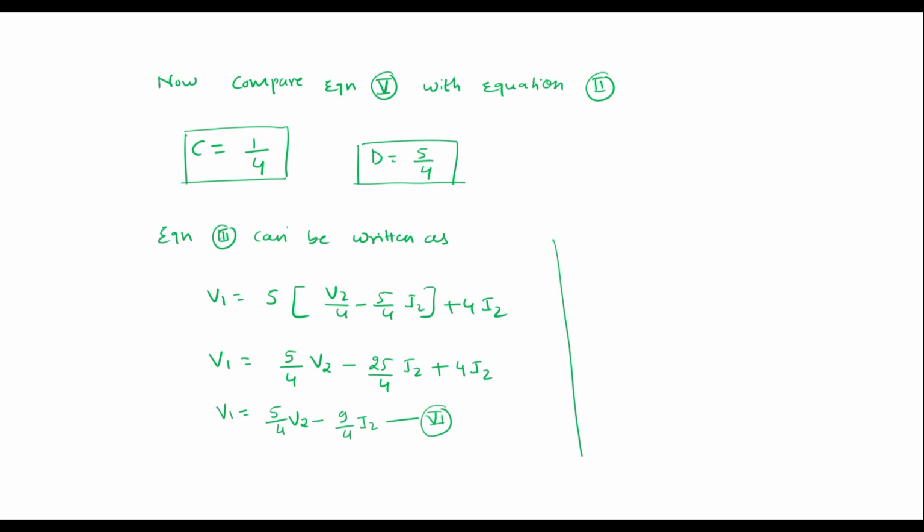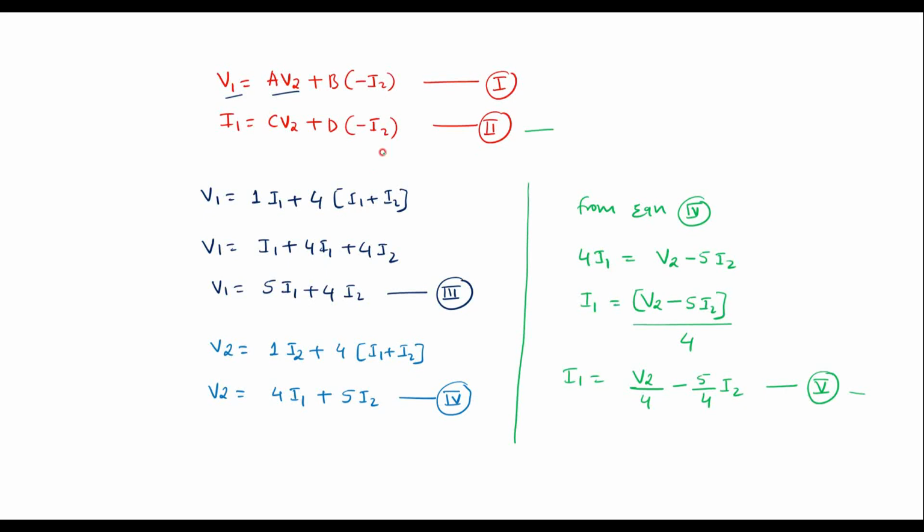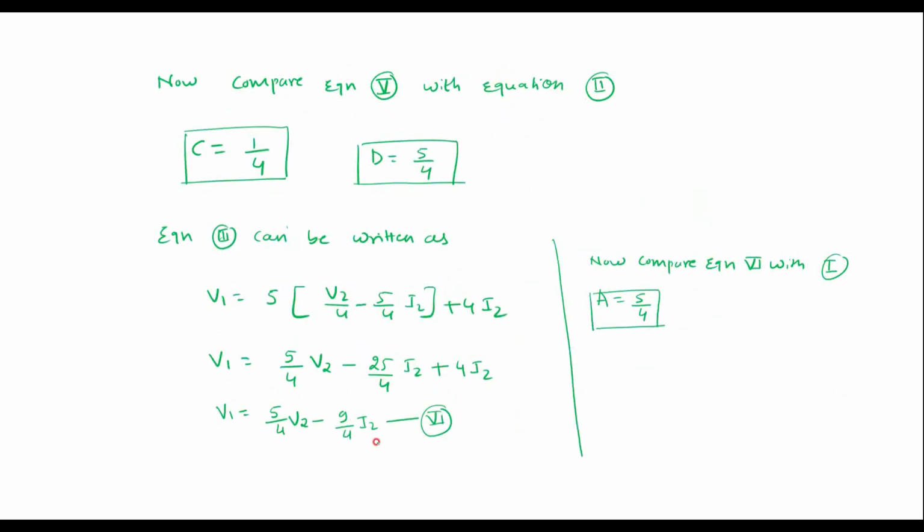So now compare equation 6 with equation 1. Here the coefficient of V2 is 5 by 4, that is A is equal to 5 by 4, and the coefficient of minus I2 is B. So here the coefficient of minus I2 is 9 by 4.